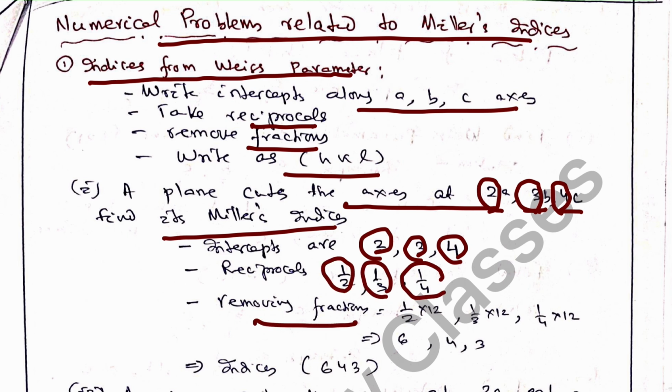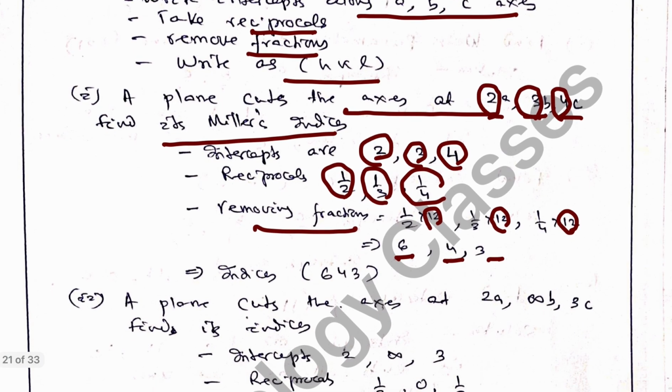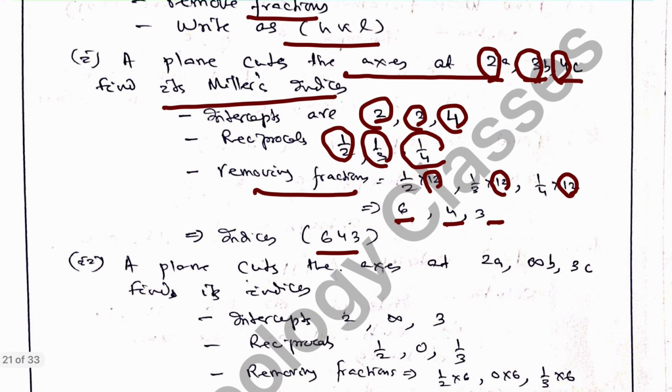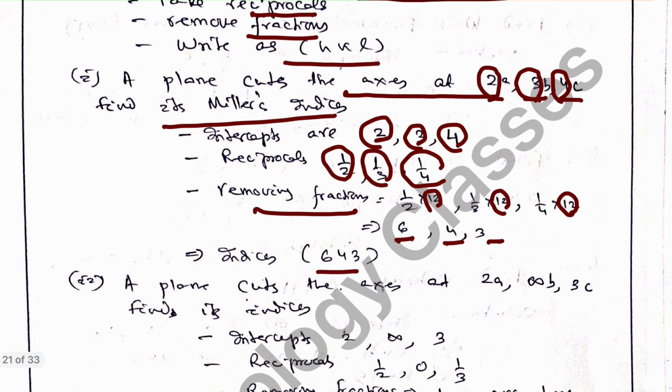When we remove the fractions, we have to multiply them by 12, which is the LCM of 2, 3 and 4, and we get 6, 4, 3. So Miller's indices is written as 6 4 3 by removing the commas. So 643 is the face symbol or Miller indices for the face which has intercepts 2A, 3B and 4C.